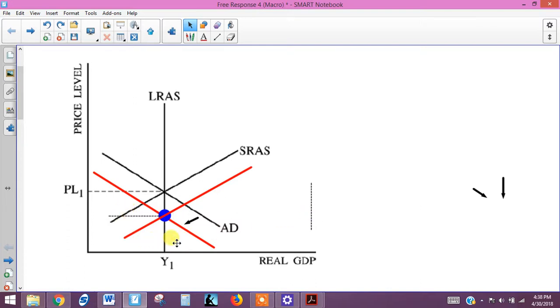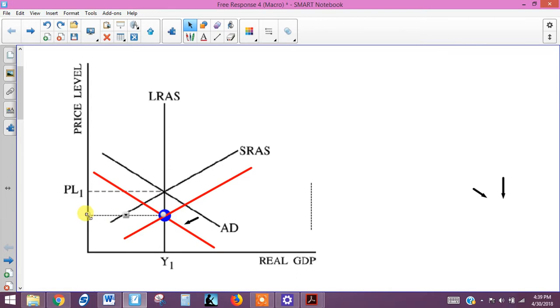Okay, so you've got a shift here, and a movement to here, and then you've got a shift here, and a movement to here. Okay, so that's what actually happens. And the reason, again, the short run aggregate supply shifts to the right is because costs have dropped. Factor input, the cost of supply has actually dropped because of the recession. And we're going to end up here, okay?